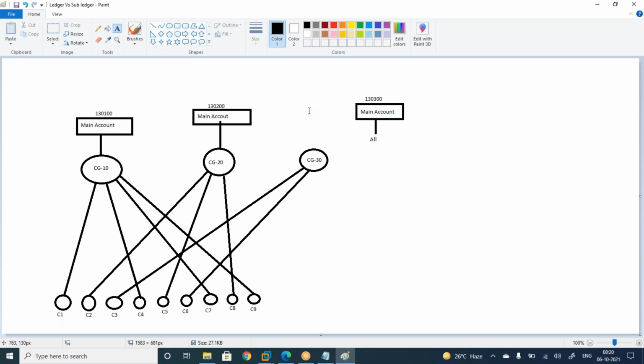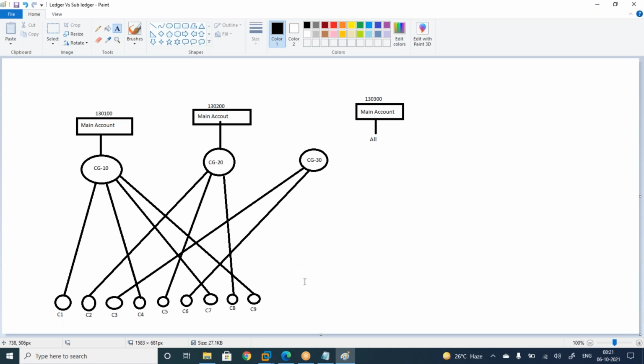Understood? Any confusion to anyone, please? Are you able to follow me? So in all, this account also is there, but if group level mapping is there, it will post to this account. If group level mapping is not there, it will go to this account.